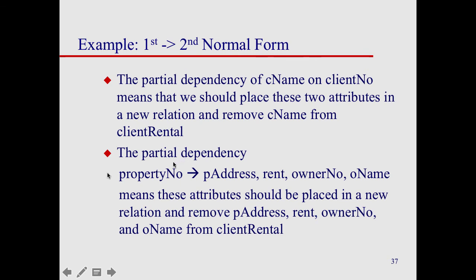The property number is going to both move to the new relation as a primary key and stay in the original relation. So the determinant stays in the original relation, and the determinant and the attributes on the right move to the new one.